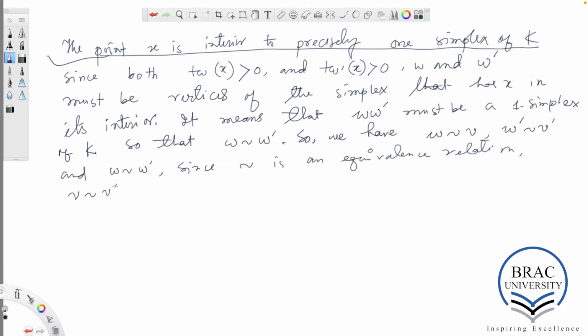So from the definition of the open set C sub V, if V is equivalent to V prime, it forces us to believe that C sub V is equal to C sub V prime, which contradicts the fact that C sub V and C sub V prime are distinct. This is a contradiction.